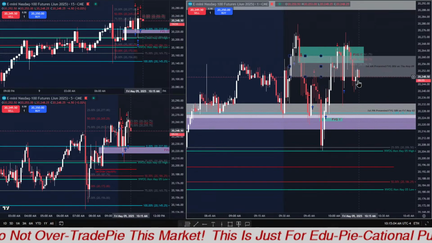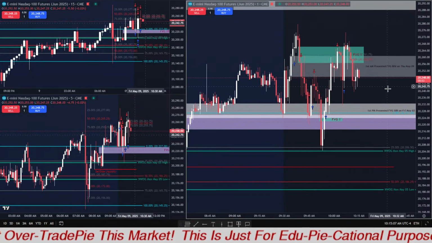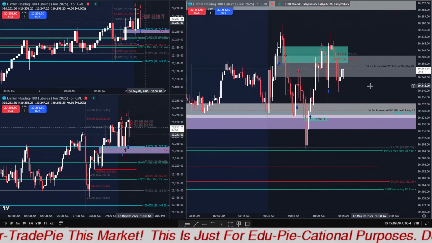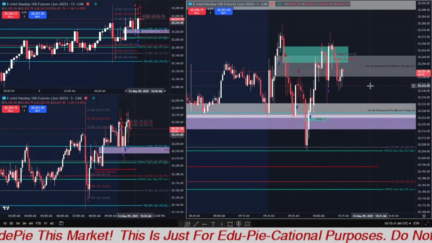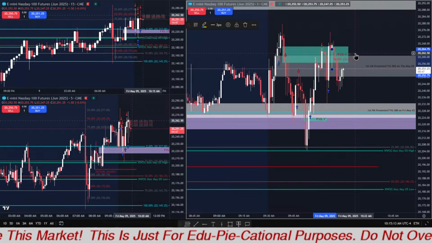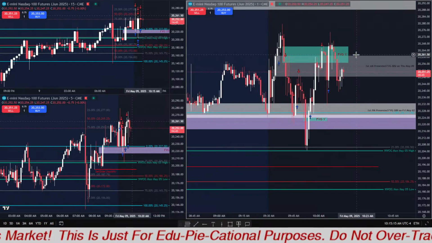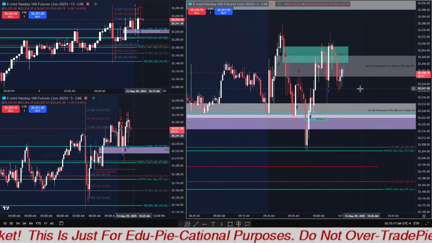Now the bodies of these candles are respecting the lower half of this first presented fair value gap. Let's see if it can send the price lower with the gap over here.